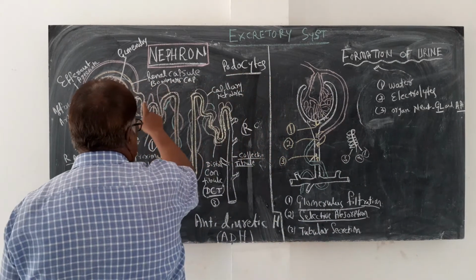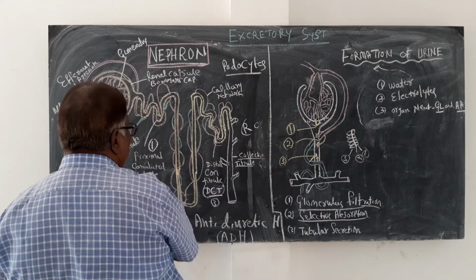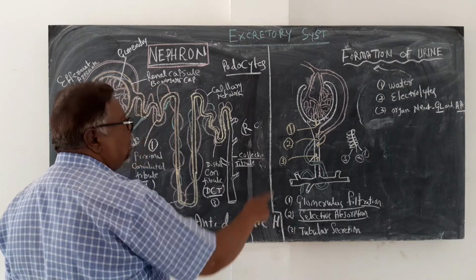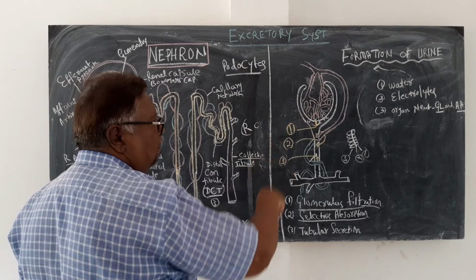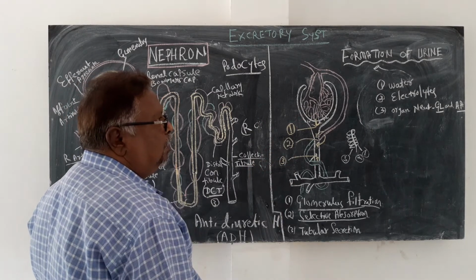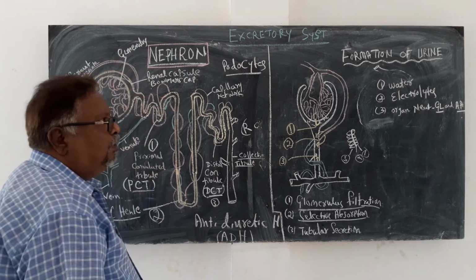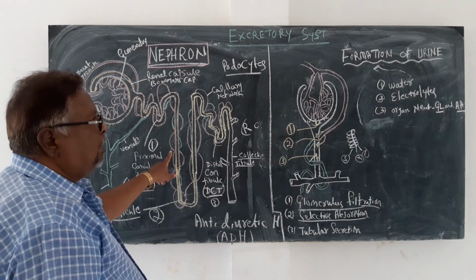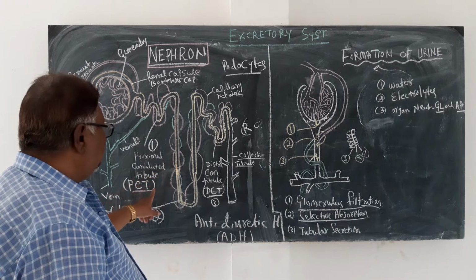So here in the proximal convoluted tubule, the selective reabsorption starts, and water, electrolytes and organic nutrients like glucose and amino acids are reabsorbed by the capillary network which is present above the PCT.